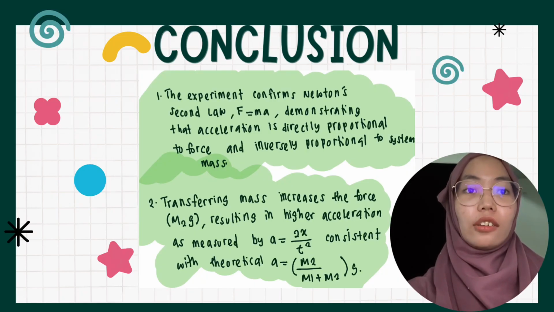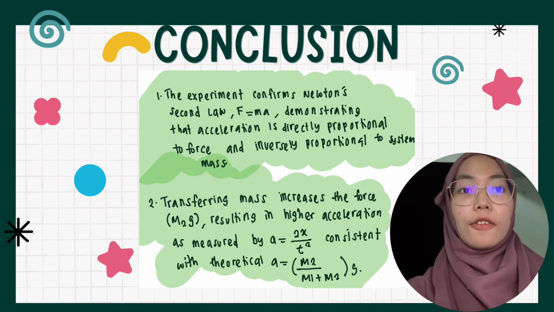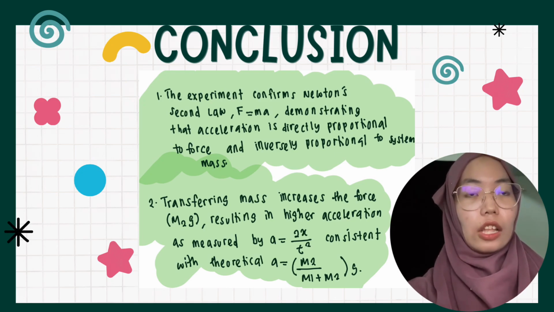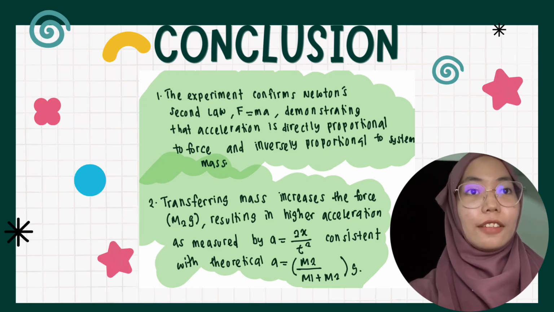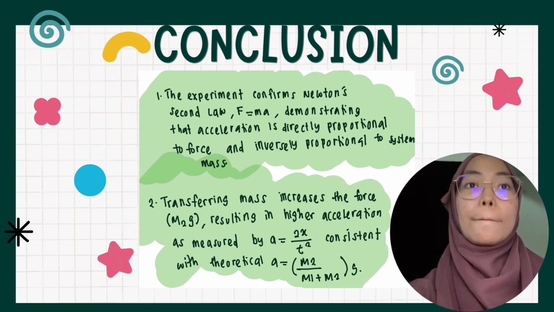Okay, first we're going to talk about the conclusion. First, the experiment confirms Newton's second law, F equals ma, demonstrating that acceleration is directly proportional to force and inversely proportional to system mass.